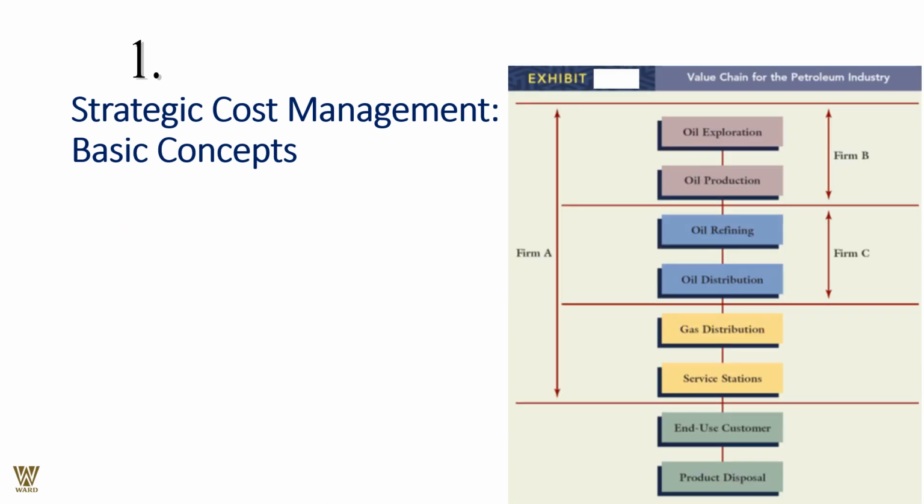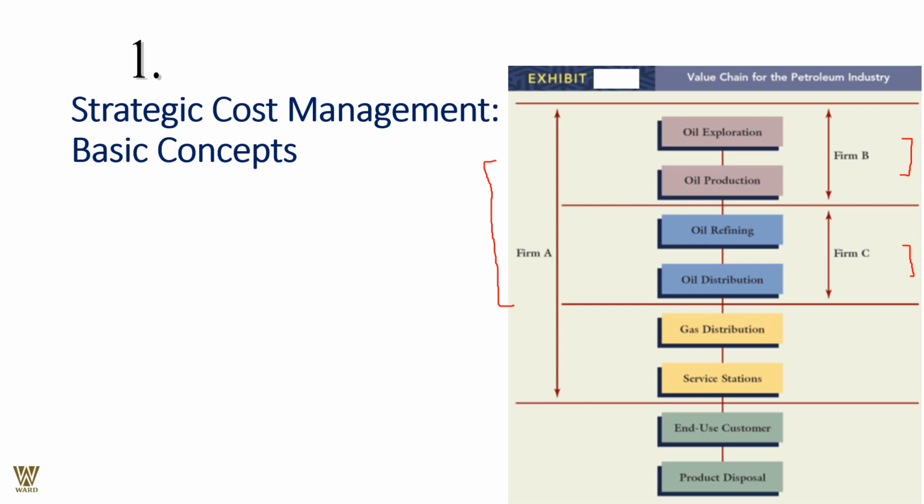Taking the petroleum industry, if you look here, this is firm A, and then we have firm B and firm C. What are firm B and firm C doing? Firm B is just into oil exploration and oil production, producing it with sheer physical labor and hardship.